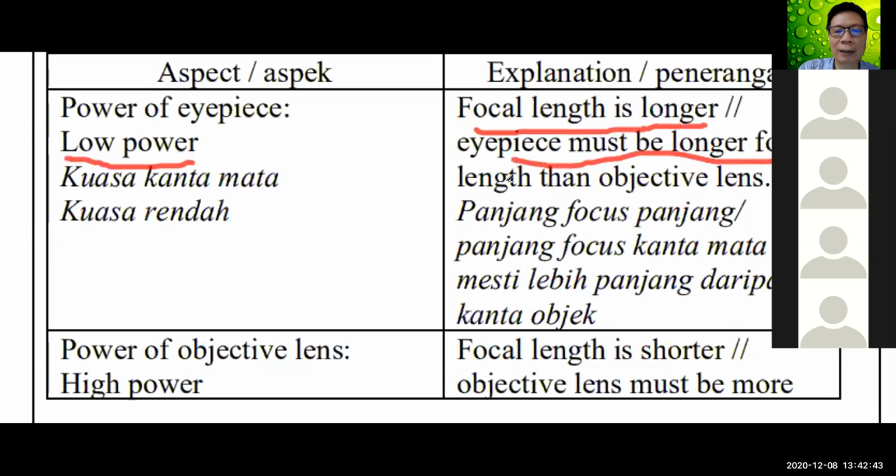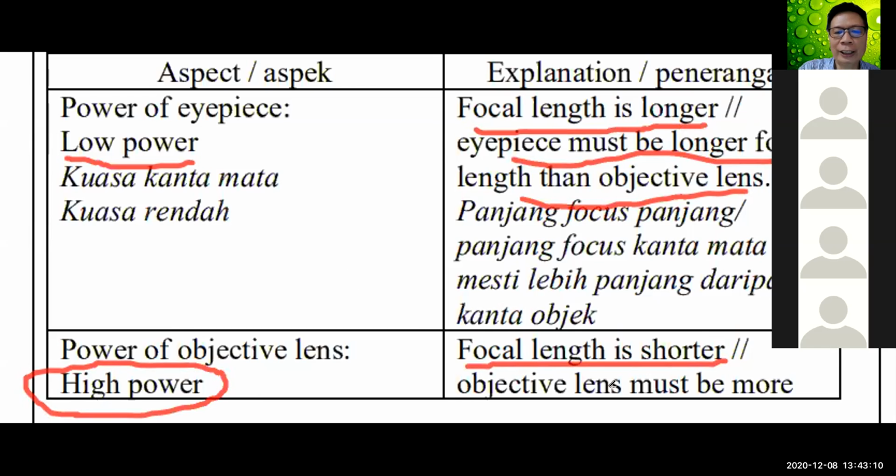This is the reason. The second answer is the objective lens must be high power. The reason is the focal length should be shorter for the objective lens.